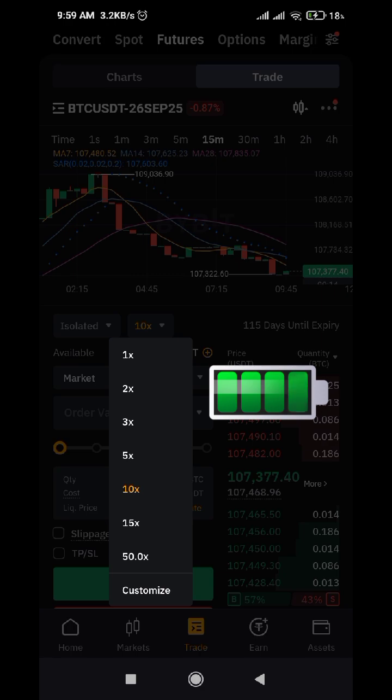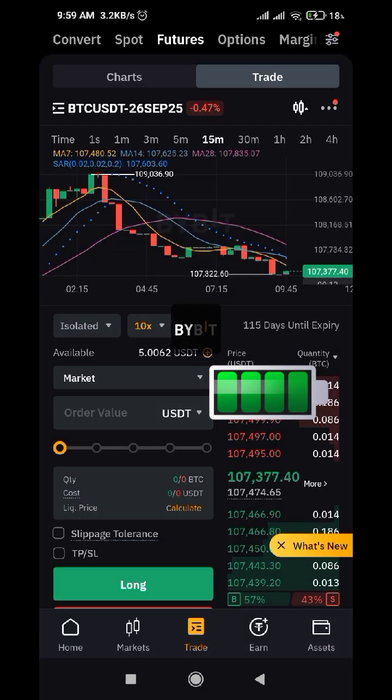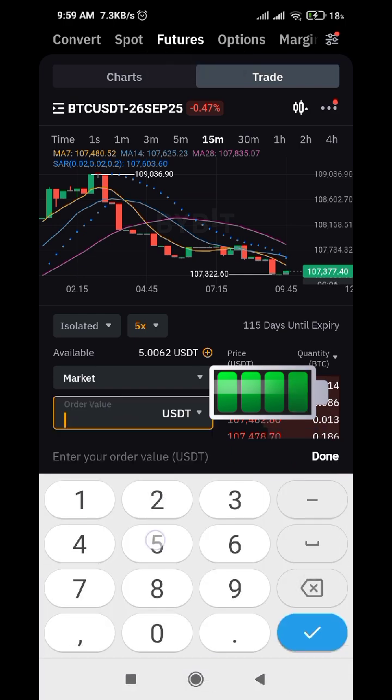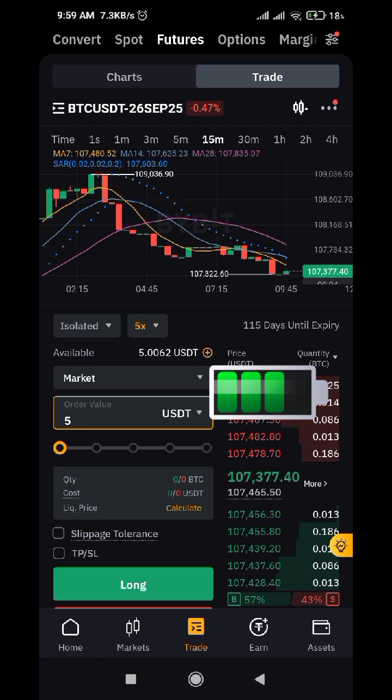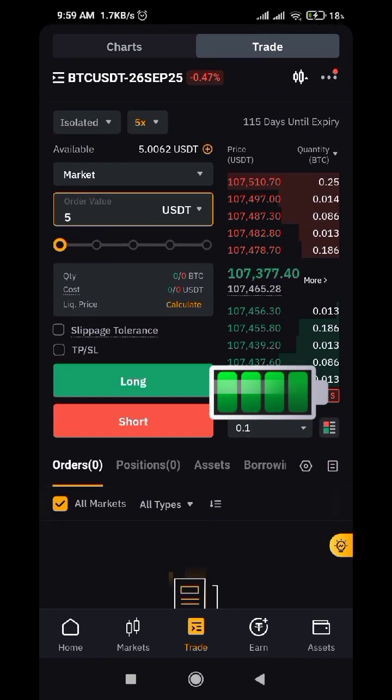So let's just pick like 5x for this particular trade. I'll be going in with like $5, and we want to long. Note, when you are longing, it's a little bit different from spot, because you can long or short here.